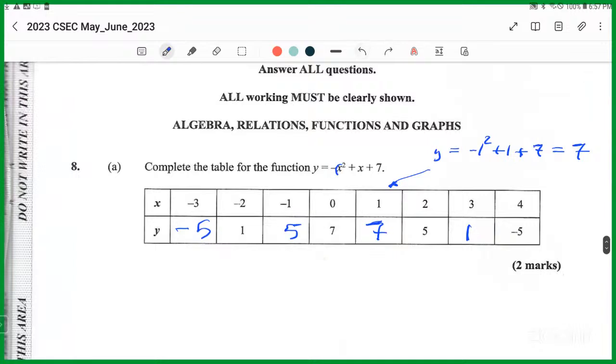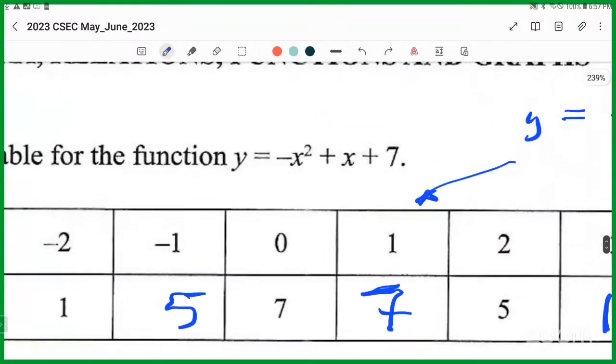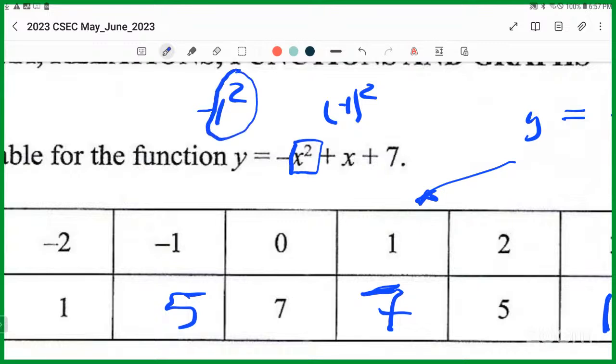You want to square the x. The square is only on the x here. The negative is not squaring. The square is only on the 1.